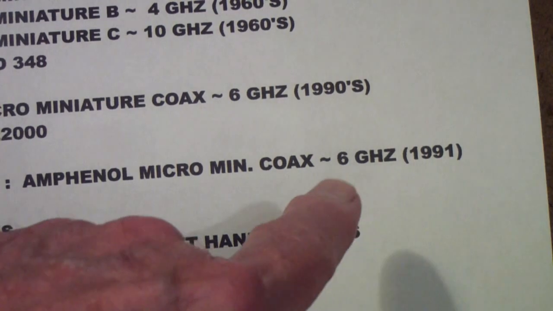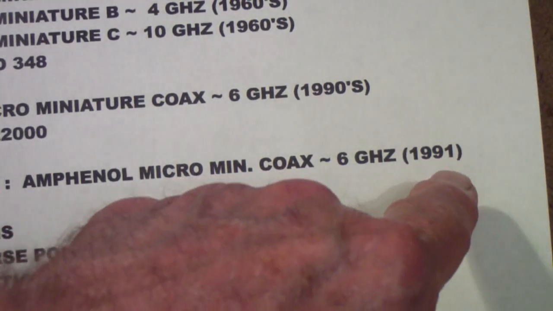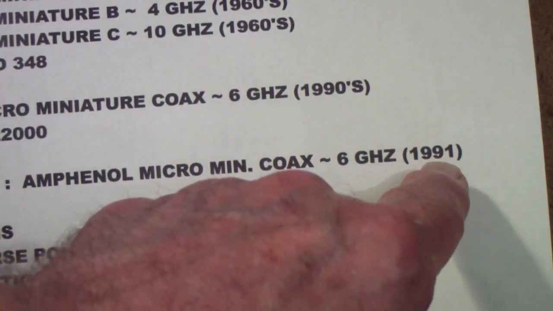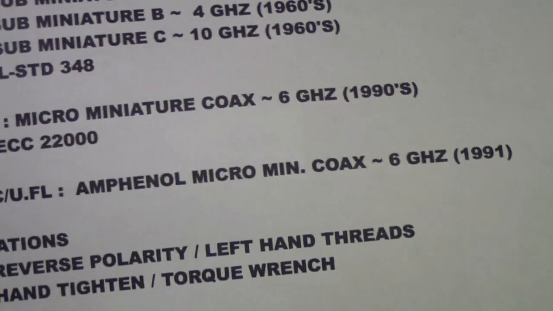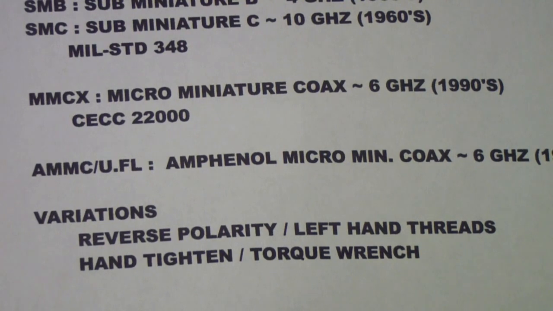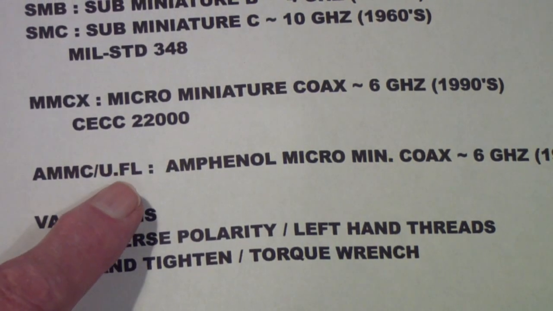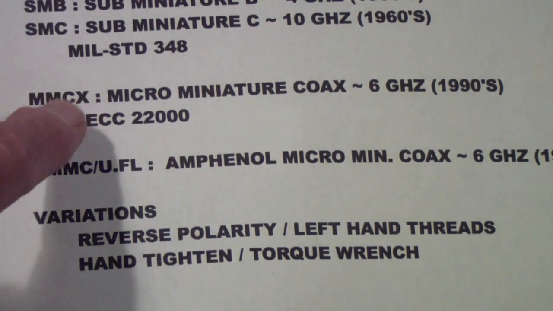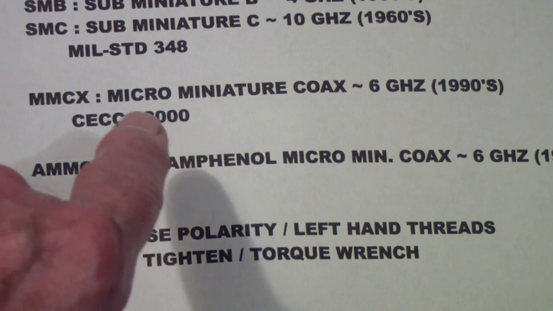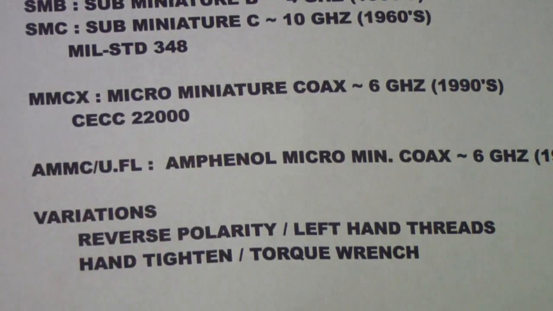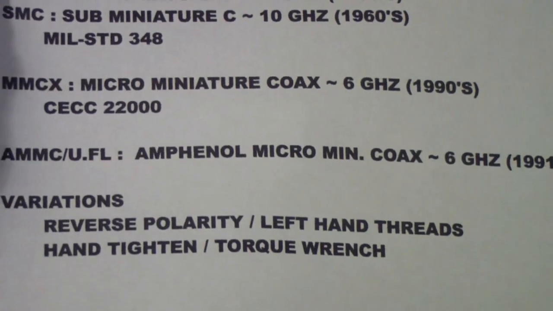The original ones that were patented were developed or patented in 91, and then shortly thereafter the Europeans developed an equivalent, partly because they were very upset at the licensing terms that were being proposed by the holder of the UFL patent. So they developed basically a get around, if you will, to the patent, or a way to avoid the patent claims.